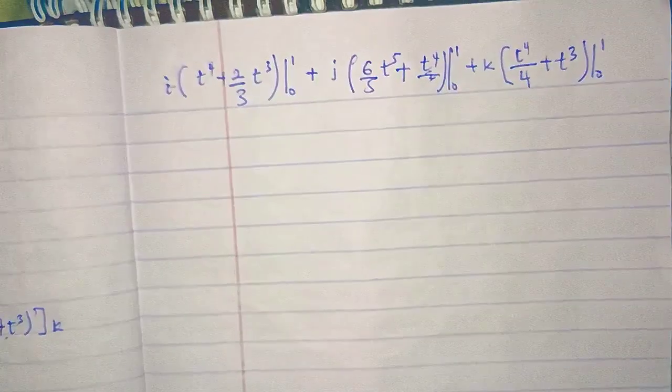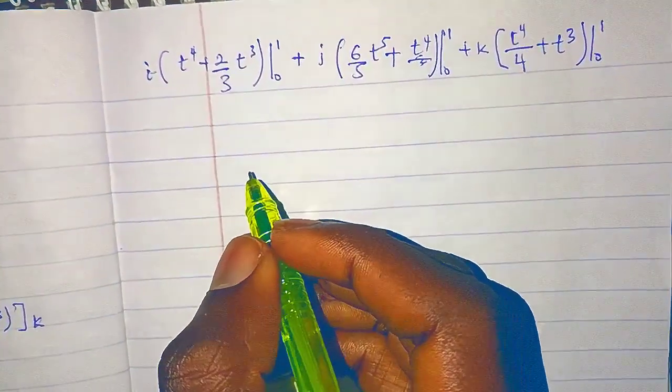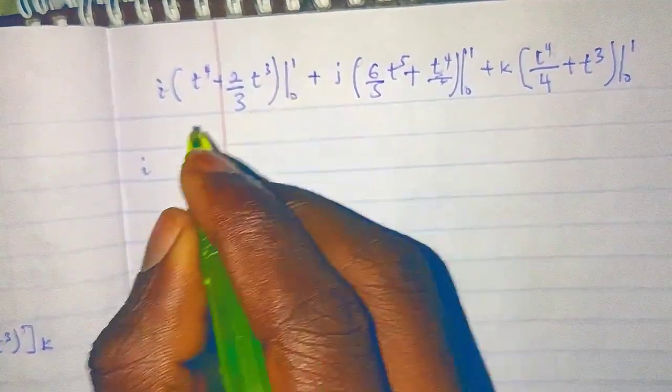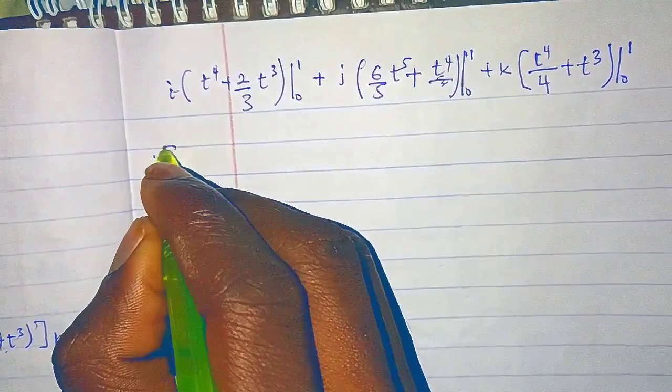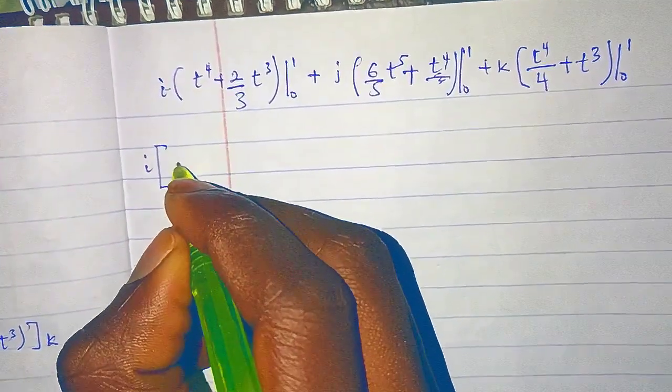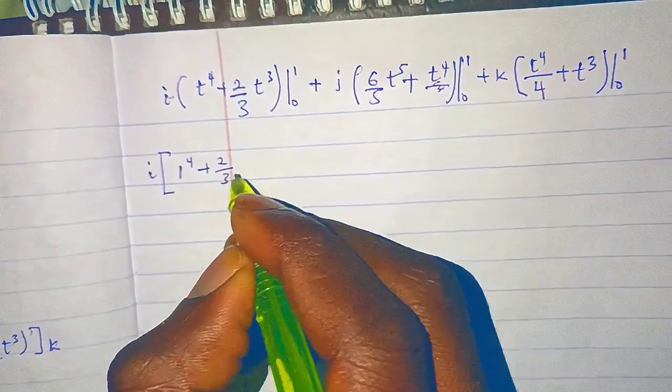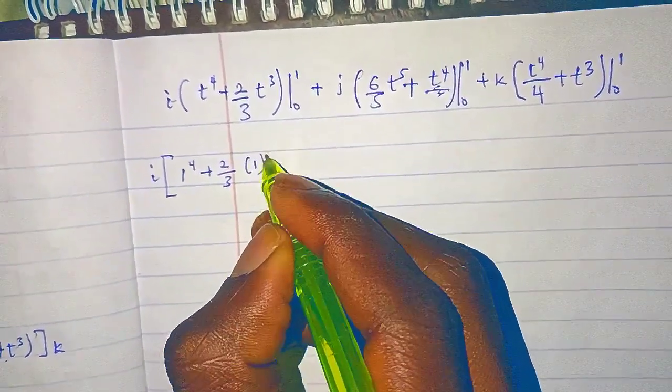Now we'll take our upper limit and subtract the lower limit. For i here, anywhere you see t, you put 1. We're going to have minus 1 to the power 4 plus 2 all over 3 into 1 to the power 3.